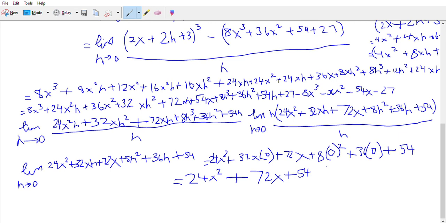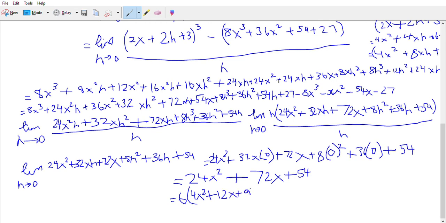Now, if you use the chain rule, you would end up getting 6 times 2x plus 3 whole squared. How do we get it from here? That's pretty simple. All of them have 6 in common. So basically, it's just 6 times 4x squared plus 12x plus 9.